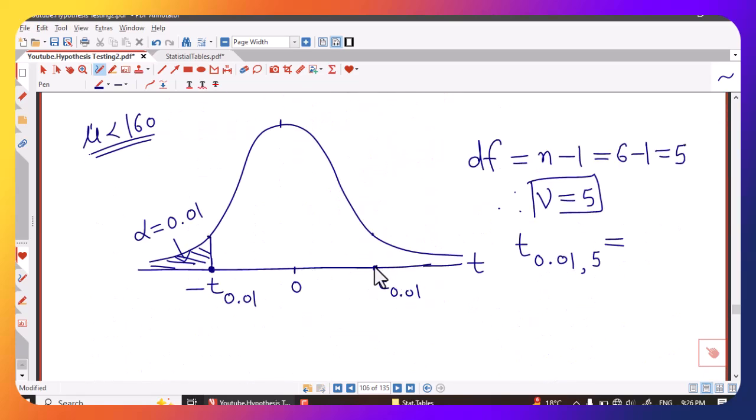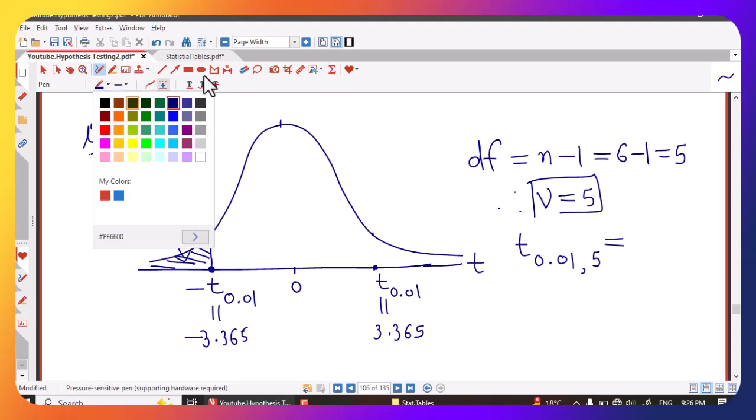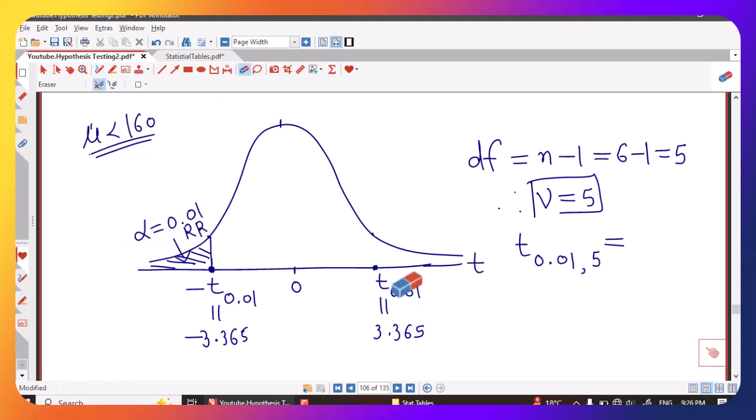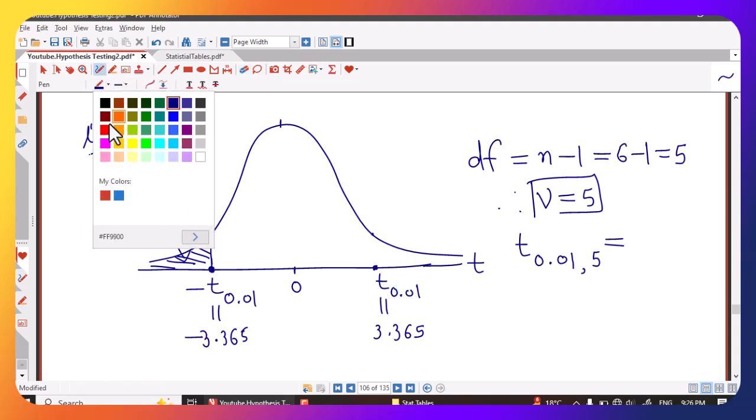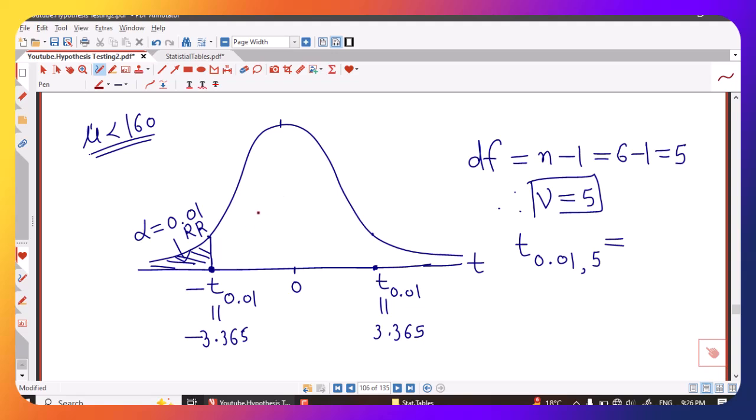That means this value is 3.365, and due to symmetry this is going to be minus 3.365, and this is our rejection region because we are having a lower tailed test. We don't require this value, but this is just for understanding how we find the rejection region.